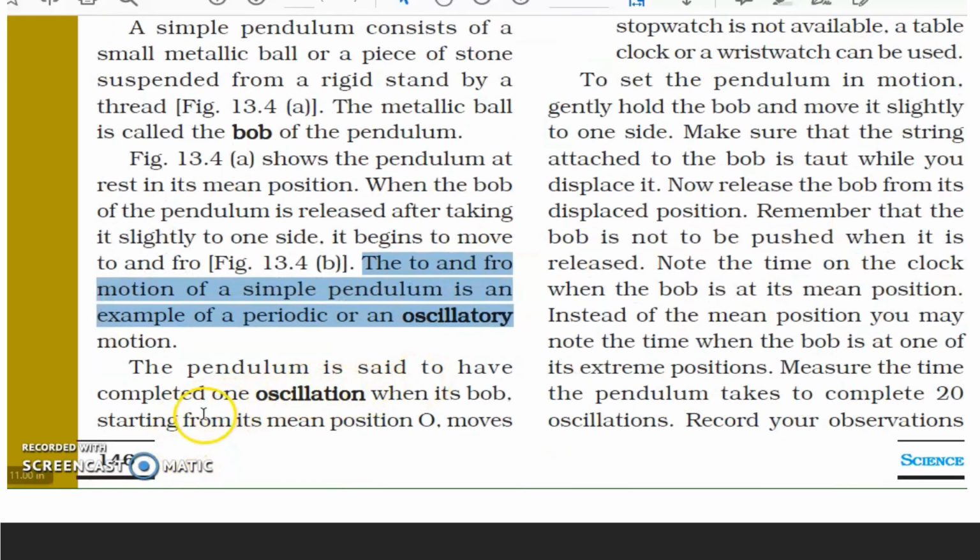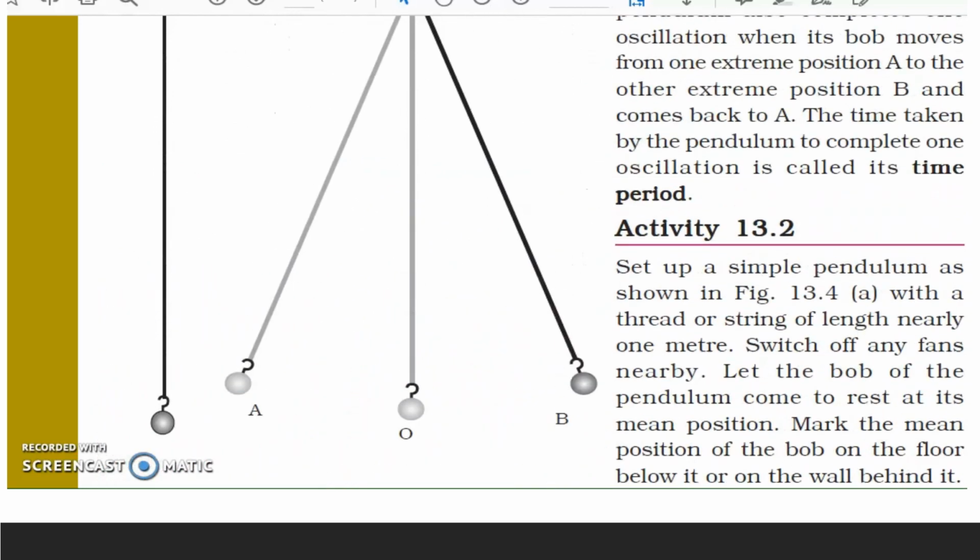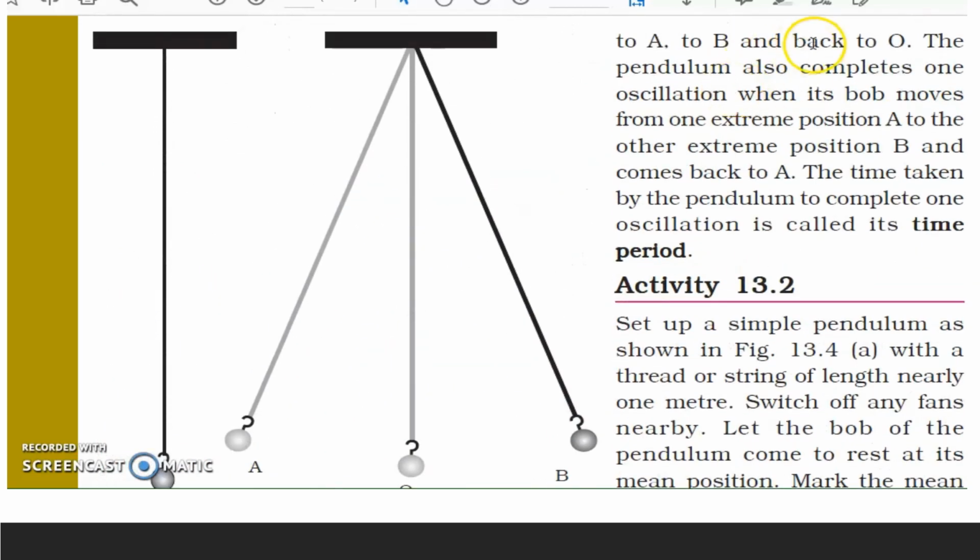The pendulum is said to have completed one oscillation when the bob, starting from its mean position, goes to one extreme A, then another extreme B and again comes back to O. And as I have said to you, if it has started its movement from A and again comes back to A after one complete movement, that is also one oscillation.